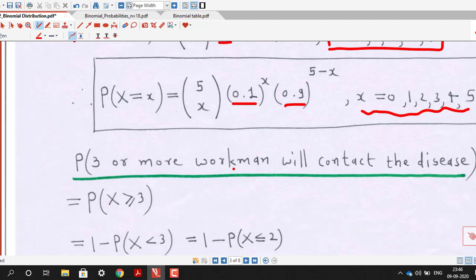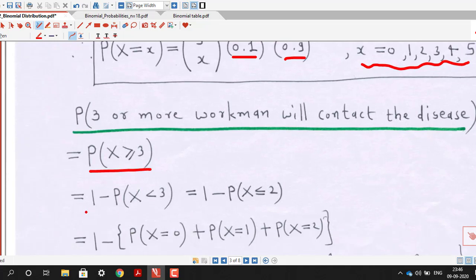So the probability that 3 or more workmen will contract the disease equals the probability that capital X is greater than or equal to 3, which is equal to 1 minus the probability that capital X is less than 3. Why? Because these two events are complementary events. So the probability of one event is 1 minus the probability of the other event if the two events are complementary.